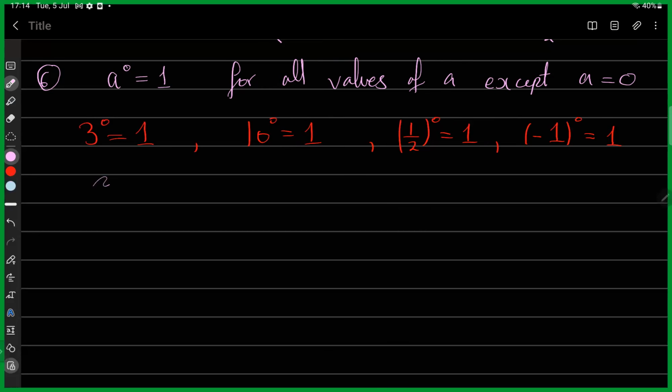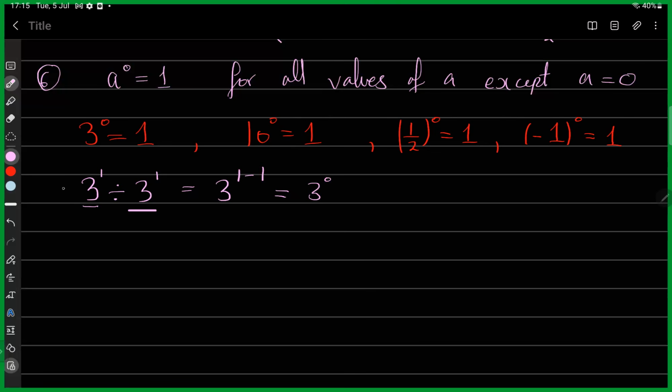So we know that if we have 3 divided by 3, I can think about it as 3 power 1 divided by 3 power 1. I know that 3 divided by 3 gives me 1, okay? But how do I write it? If I use the laws of indices, it would be 3 power 1 minus 1, because the bases are same and we are dividing the two numbers, so the powers would be subtracted and it would become 3 power 0.